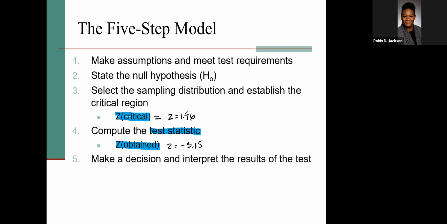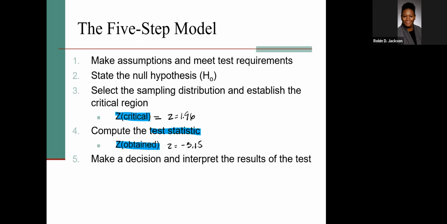So if I have an alpha of 0.05, then my Z critical, depending on the type of test I'm doing, will be Z equal to 1.96. And then of course the test statistic is the number that you get when you do step 4, which you will see in a moment.